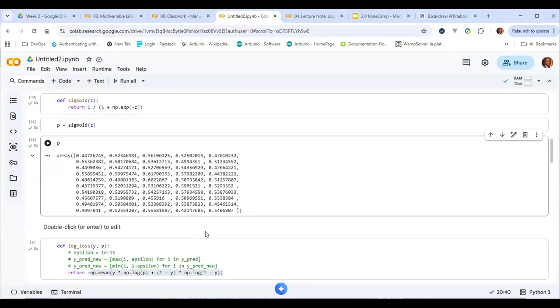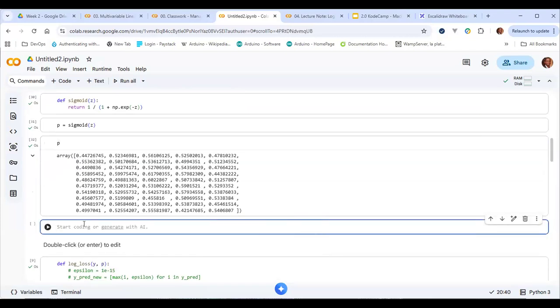If I were to actually do a plot of X and Y, it really helps. I'll use Matplotlib, and I plot P against Y. This should just be PLT scatter.